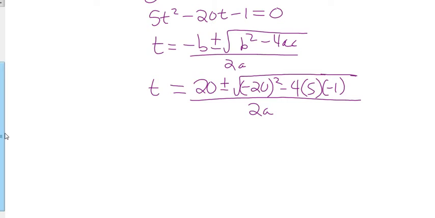If a is positive, and I'm always going to write a as positive just because I like it that way, so I'm not dividing by negatives, then if c is negative, the two terms add together and there will be two distinct real roots, no matter what b is.